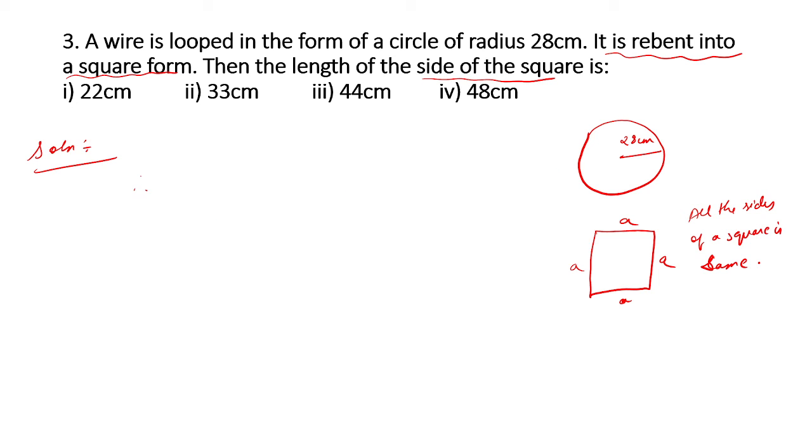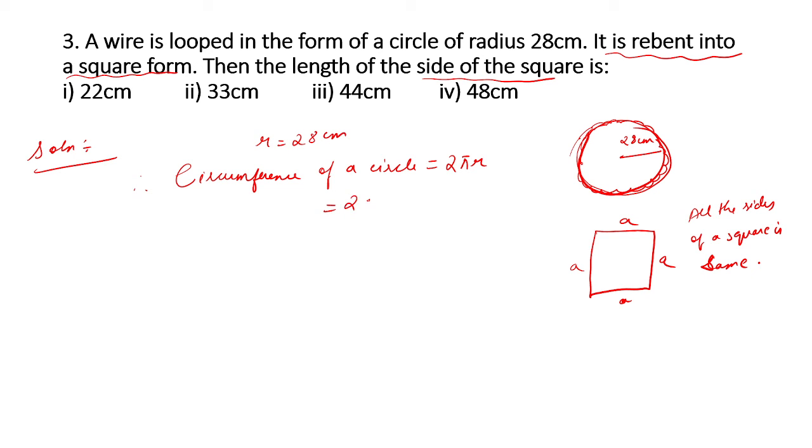So we'll have to find the length of this entire circle. How do we find the length of the entire circle? It's nothing but the circumference. The circumference will give you the length of this circle, this entire circle. Clear? Therefore, I can write the circumference of a circle is equal to 2 pi r, and the radius they have given is 28 centimeter.